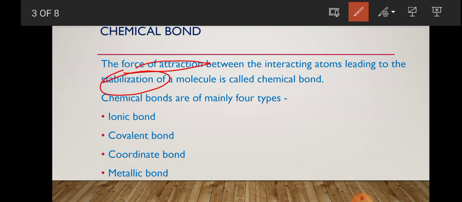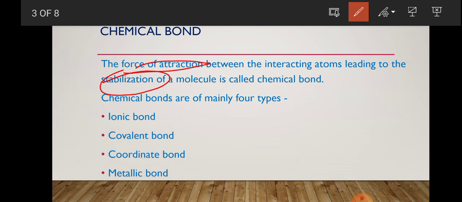That means the chemical bond is the process of getting more stable electronic configuration by those atoms, similar to their nearest inert gas elements, either by donating or accepting electrons or sharing of electrons.